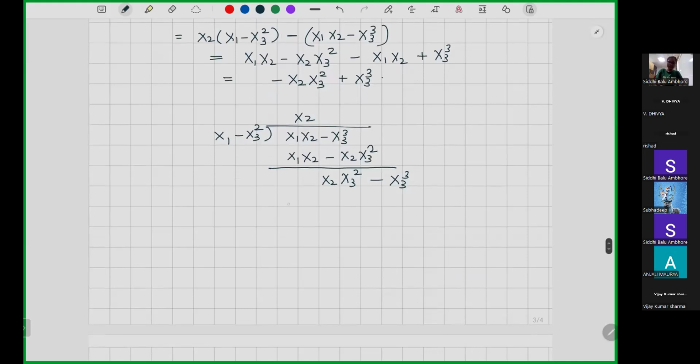And clearly this element belongs to my ideal I, right? Because this is just subtracting the multiplication of these two from this, and this element belongs to I. You will learn something called the S polynomial in an upcoming lecture, where you will learn how we can check whether a given set of polynomials forms a Gröbner basis or not.